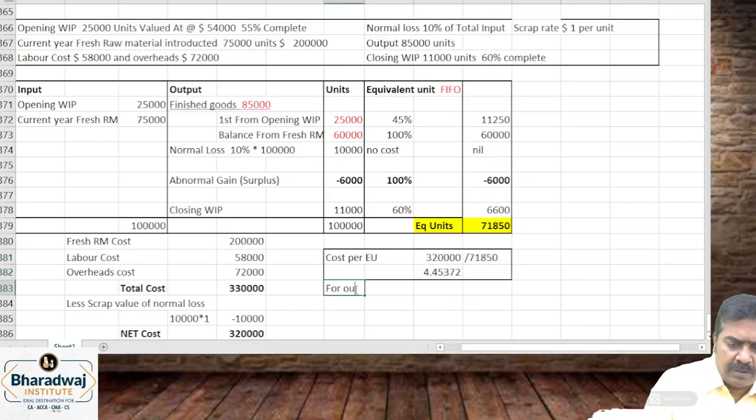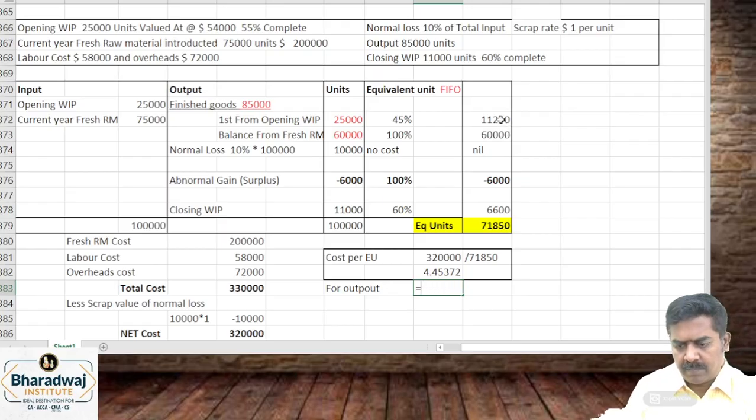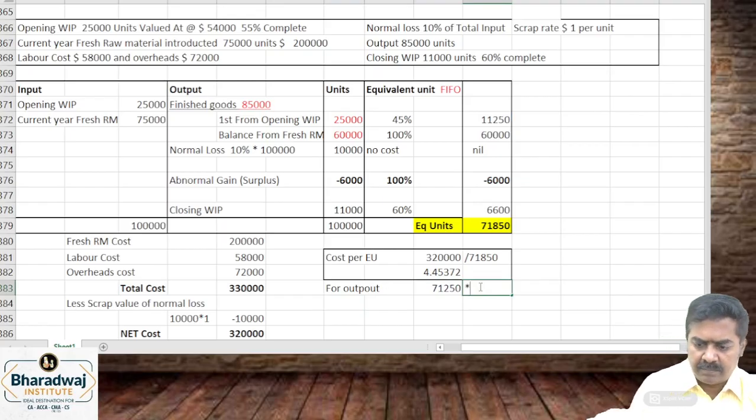For output, equal units, 11,250 plus 60,000, multiplied with 4.45372.